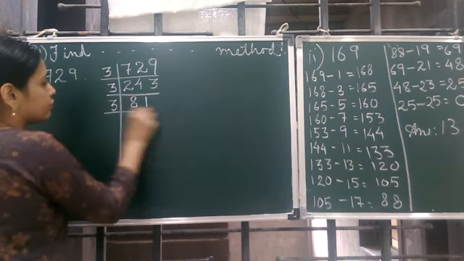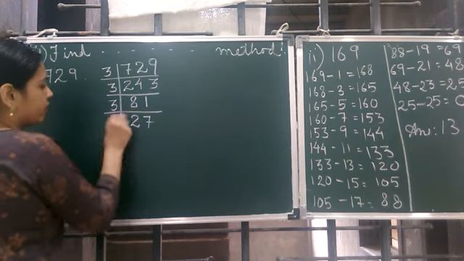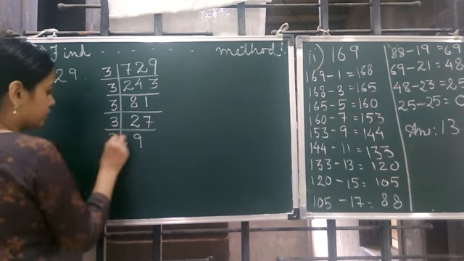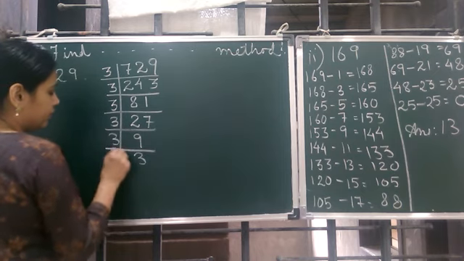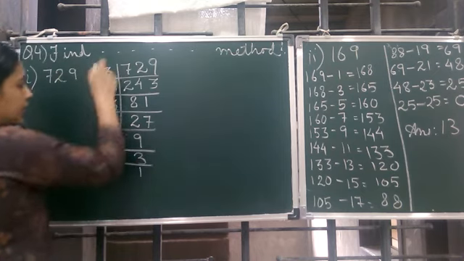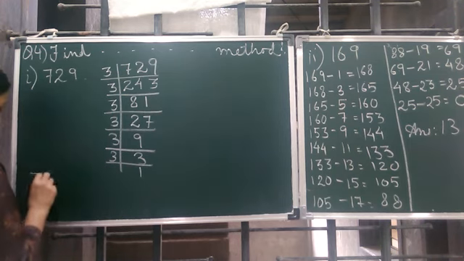Again divisible by 3 because 8 plus 1 is 9. 3 2s are 6, 3 7s are 21, 3 9s are 27, and 3 3s are 9, 3 1s are 3. So these are the prime factors of 729.